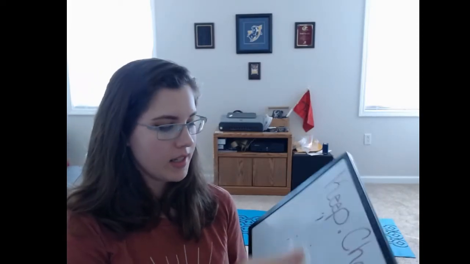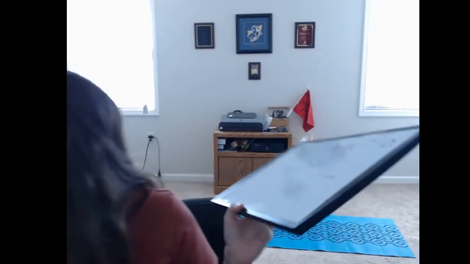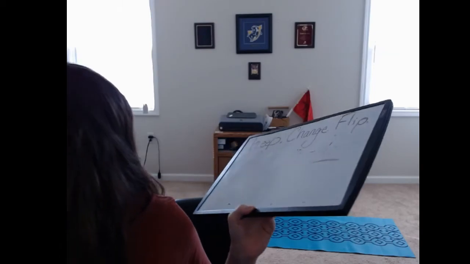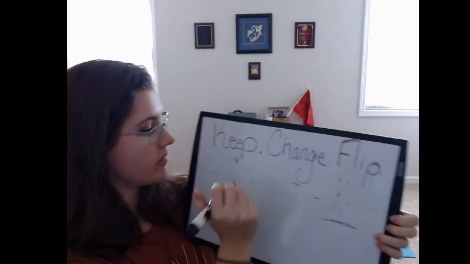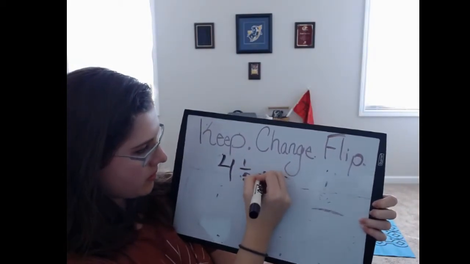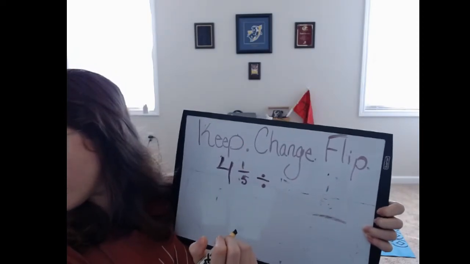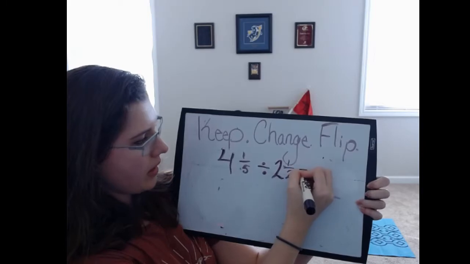Last one. And we're going to do a mixed number this time, guys. I wish I had a real eraser in this house. We're going to do 2 mixed numbers. Prepare yourselves. We've got 4 and a 5th divided by 2 and a half.